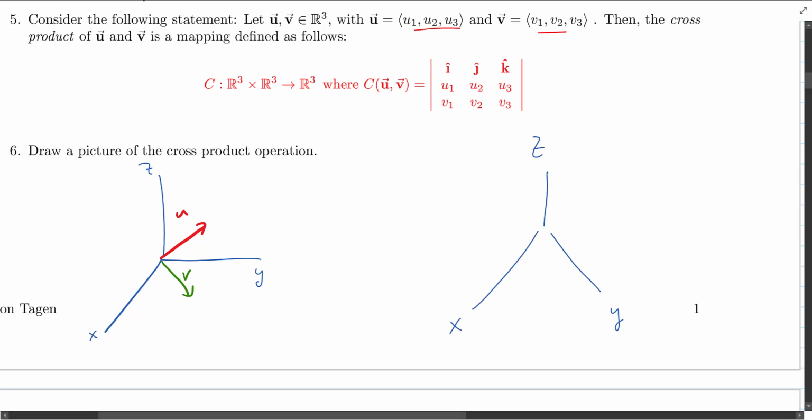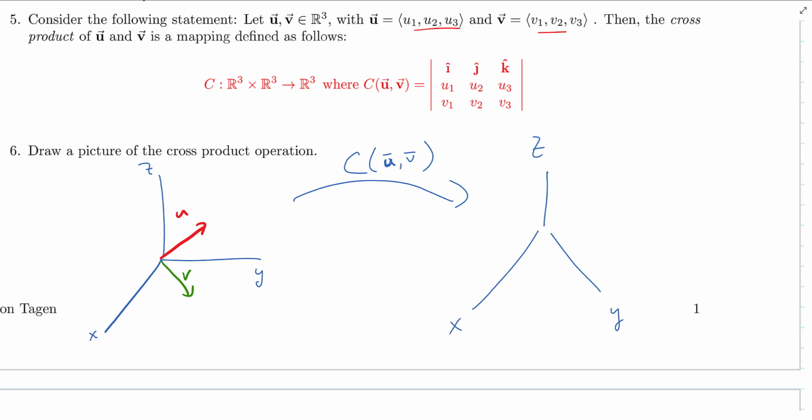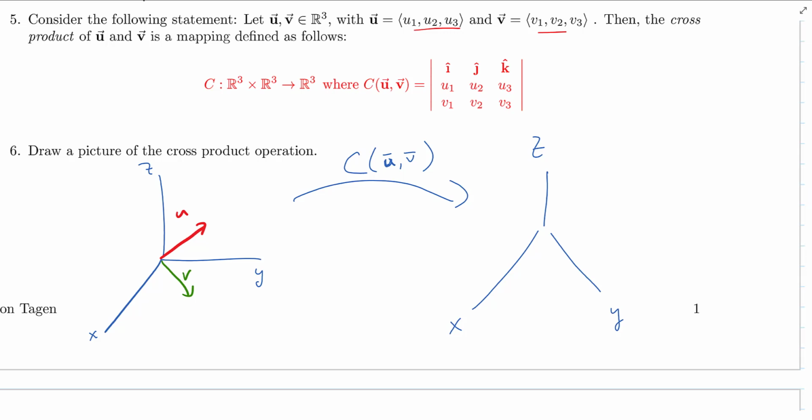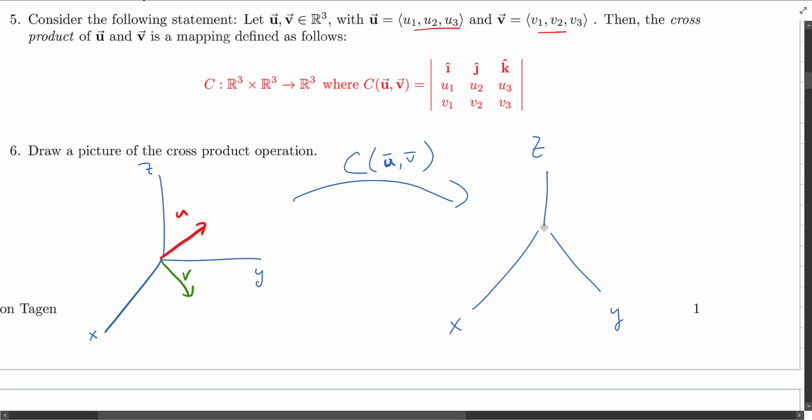So I take the two, I do the cross product operation, and this is the cross product of u and v. And careful here, we've got to see which way it is going to be pointing. By the right hand rule, we take u and v, and the resulting vector, let's do orange, should be coming out something like this, where this vector right here is the new vector we get when we took u cross v.